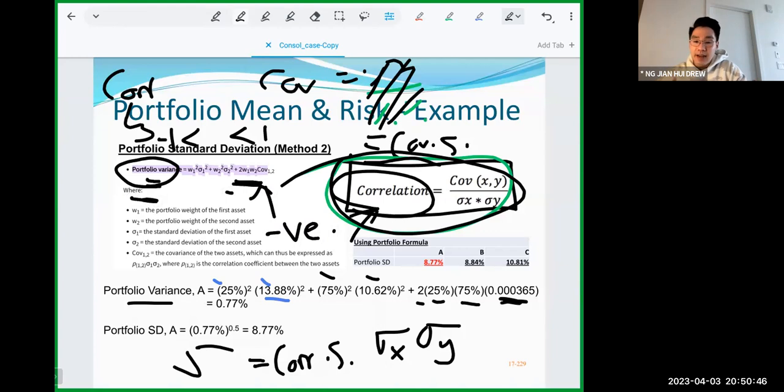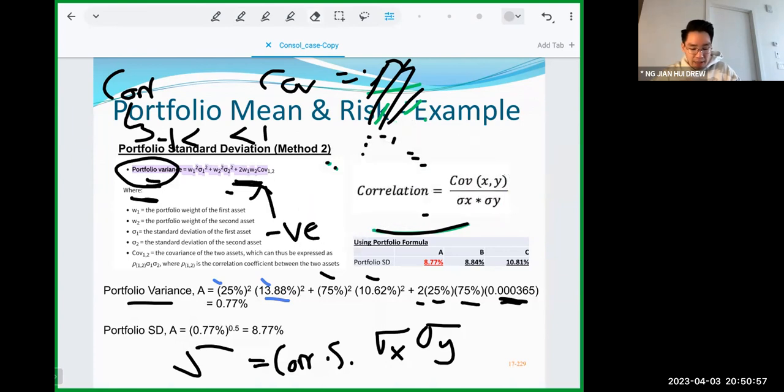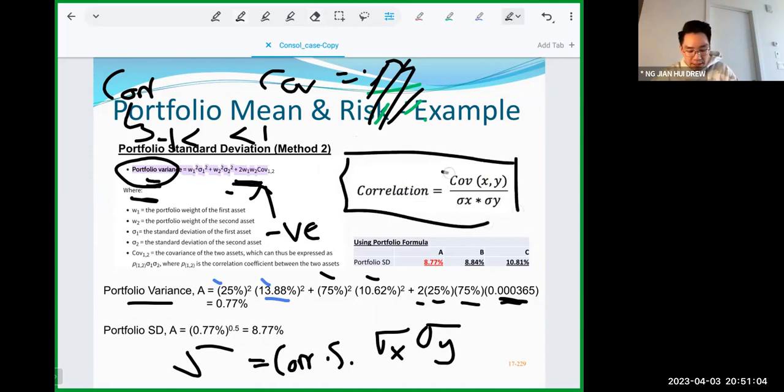So if we have a negative covariance or correlation, remember both are the same, because covariance and correlation are joined by this formula, so if covariance is negative, your correlation is automatically negative. If your covariance or correlation is negative, this would reduce the total risk of your portfolio and hence is very good for you.